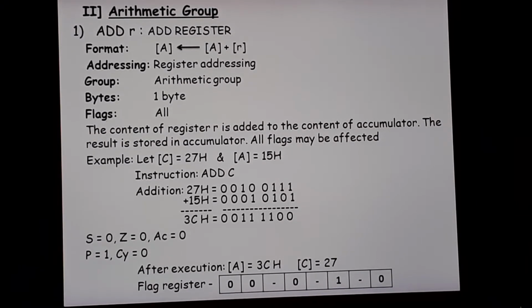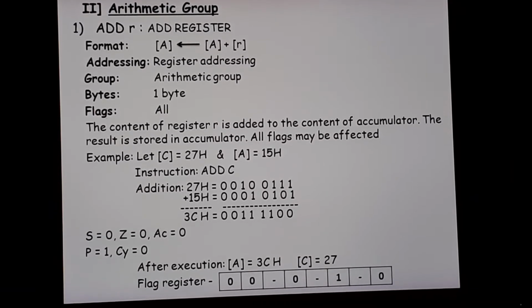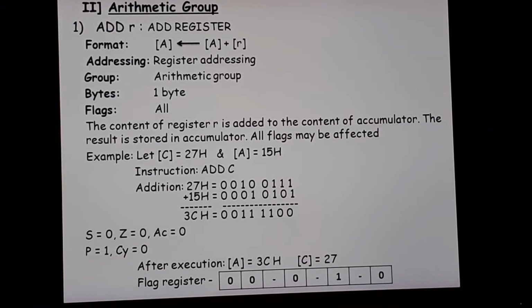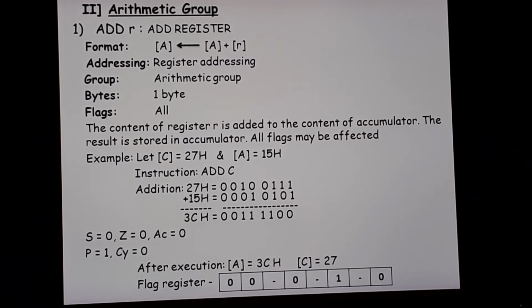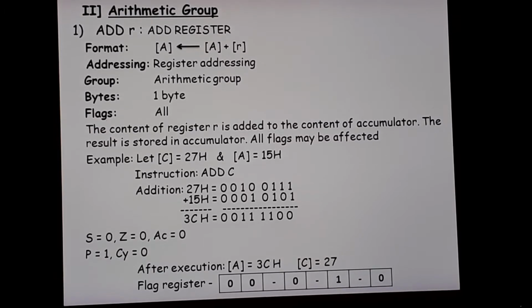Now the comment or the explanation of this particular instruction. What happens here? You can write in your own words. You will write: the content of the register R is added to the content of the accumulator and the result is stored in the accumulator. All of the flags may be affected. Okay, the flags may get affected. It depends upon the result.